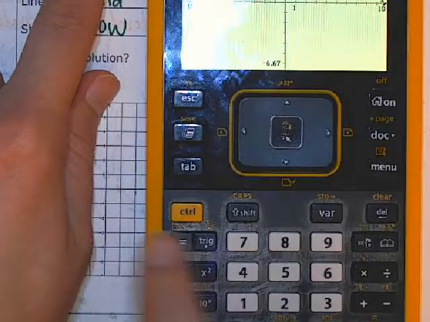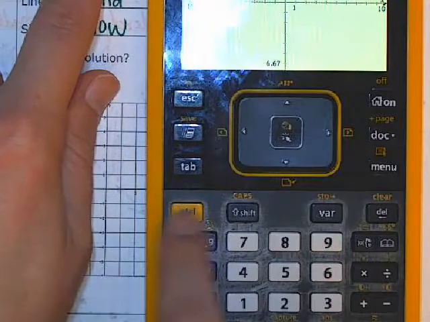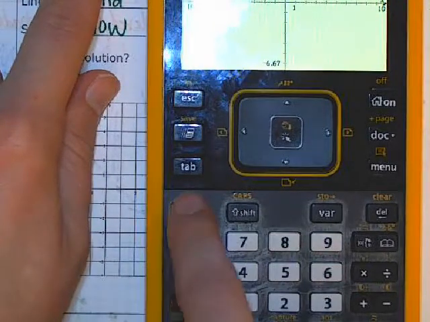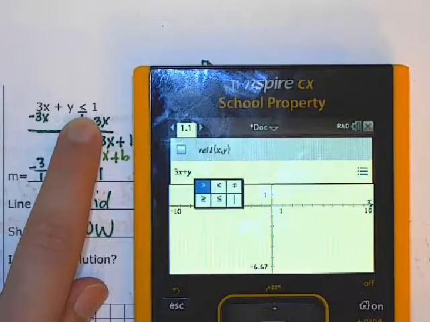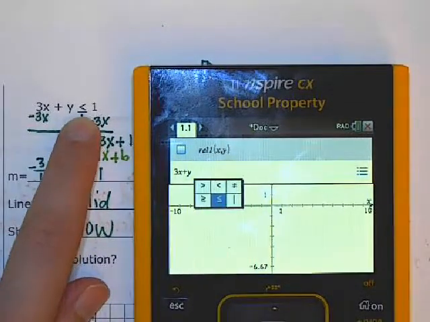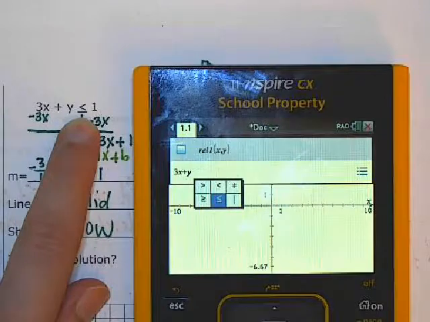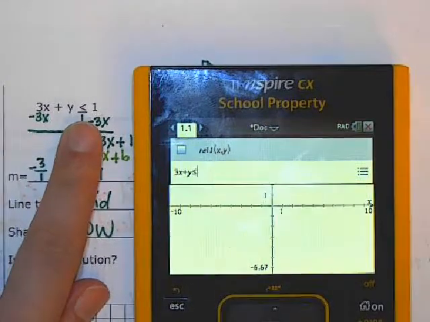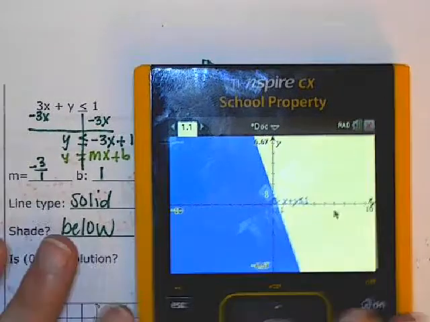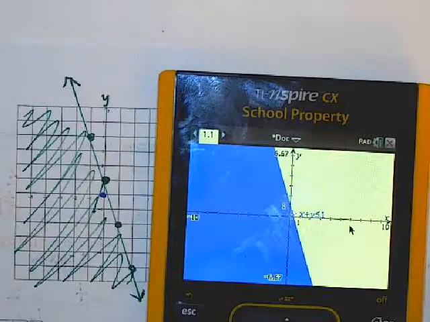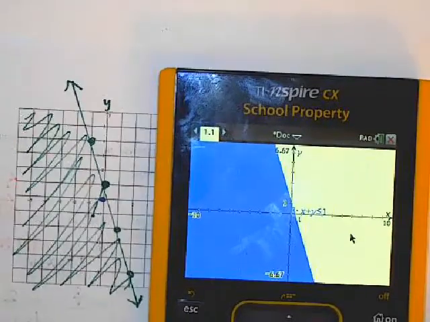Right here under the control, where the equal button is, you hit control equal, and it will pop up your symbols. You're going to match your symbol. So less than or equal to 1. Graph it. And there's my line.